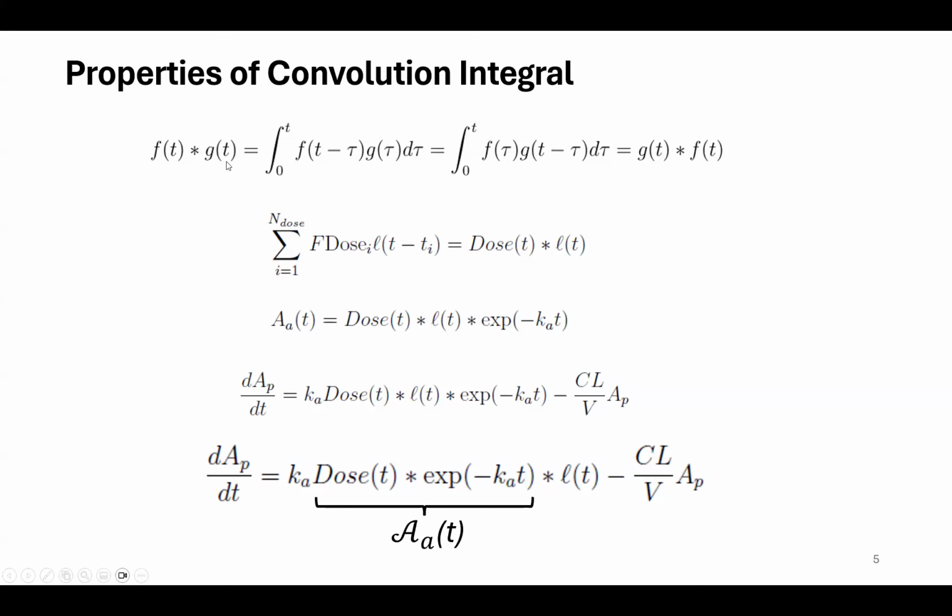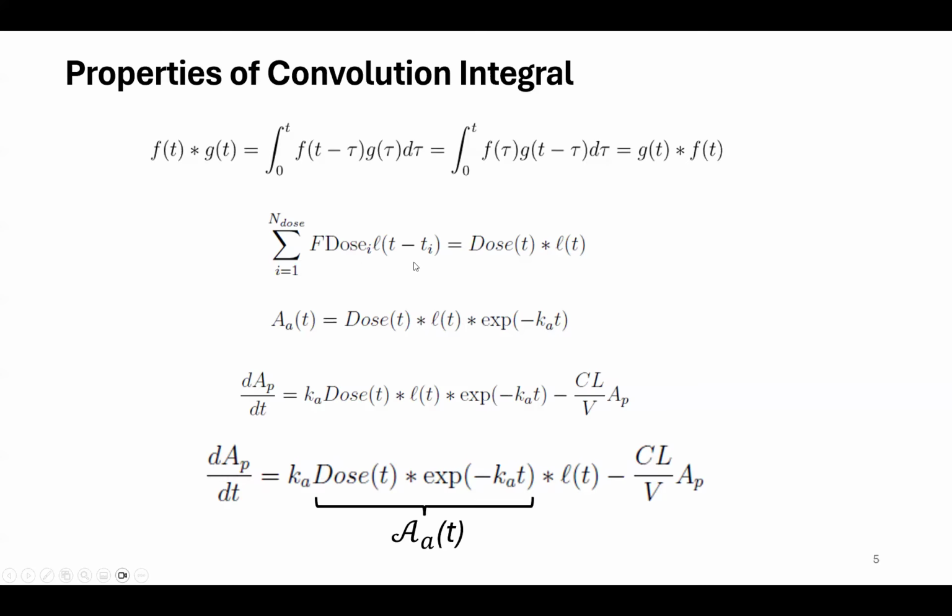And the property of that integral is that you can switch the order of the functions and you end up with the same integral value. Another thing is if you convolve the bolus doses with the probability density function, or any function for that matter, it will basically introduce those dosing events as delays to that function.